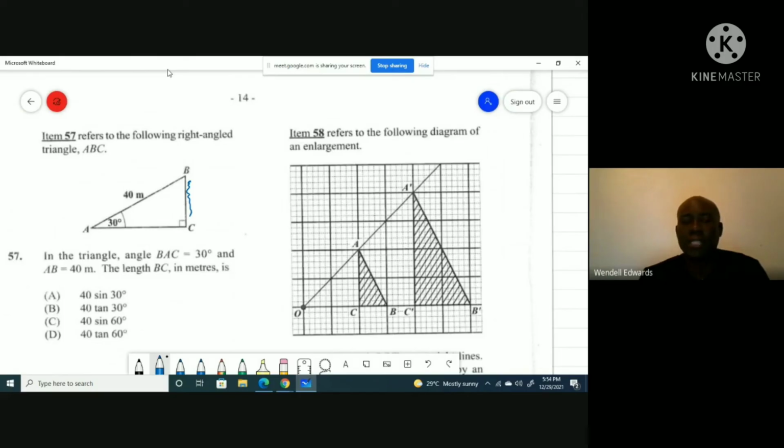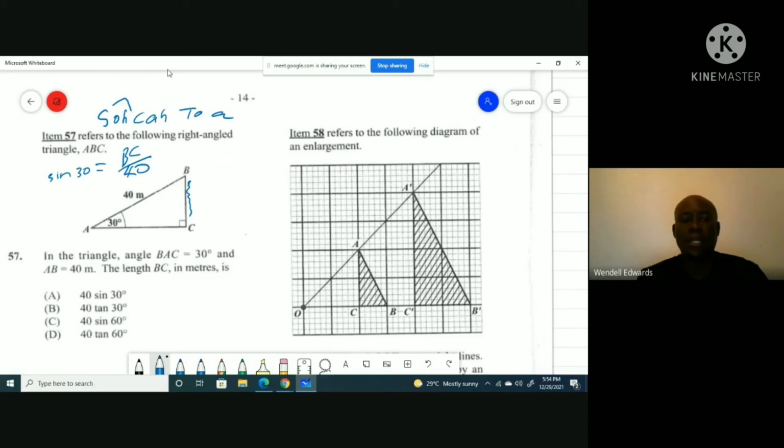Technically, BC is opposite to the 30 degrees, and we have the hypotenuse. Now, if we go back to using SOHCAHTOA, it's going to be the opposite and the hypotenuse here, which is sine. So basically, we're saying the sine of 30 degrees is equal to the opposite side, which is BC, over the hypotenuse, which is 40.